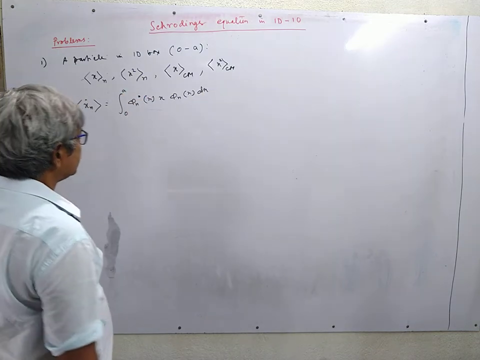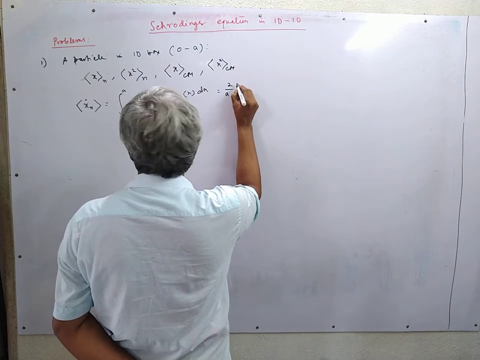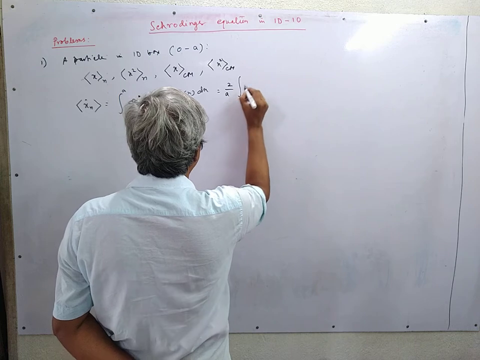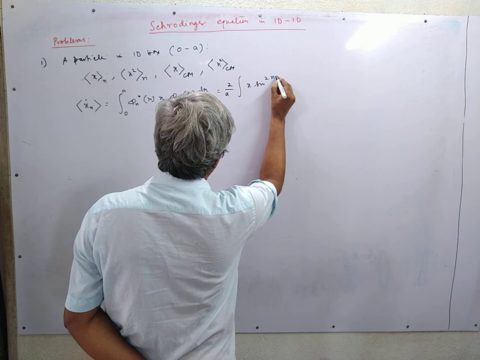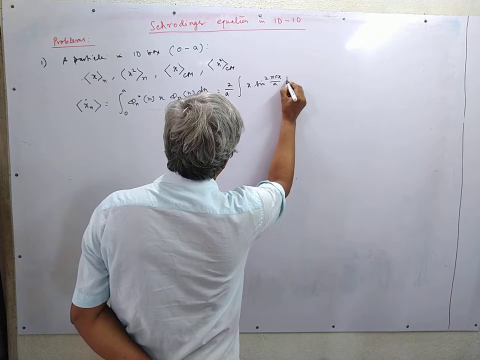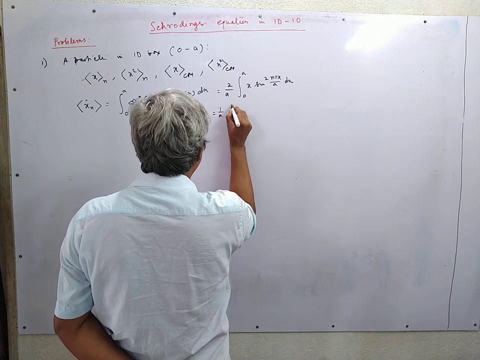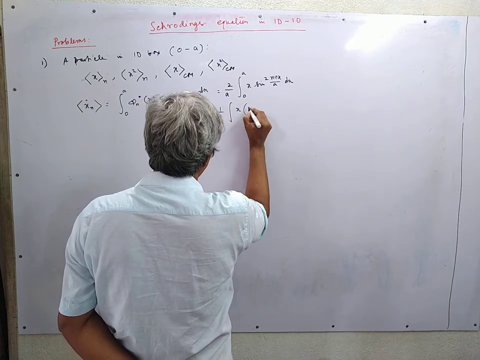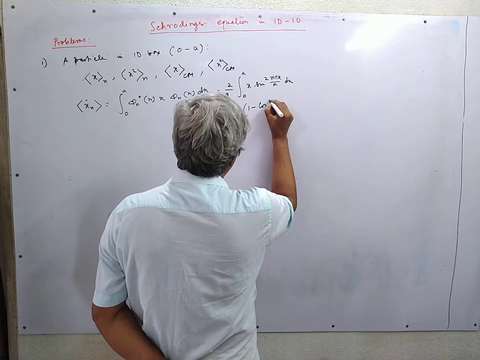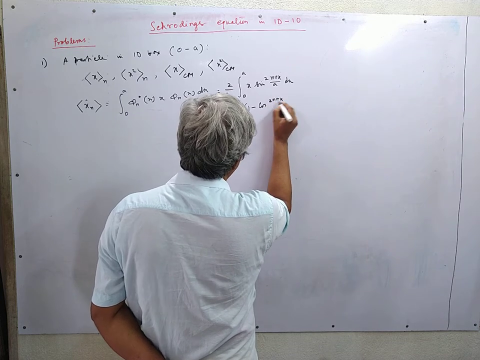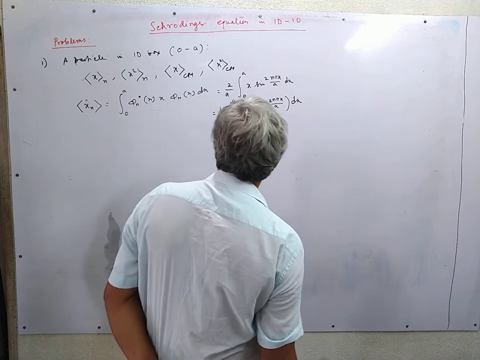We are to integrate from 0 to a, with 2 by a from the normalization factor, and then x sine square n pi x by a dx. This can be written as 1 by a integration x times 1 minus cos of 2n pi x by a dx, integrated between the limits.